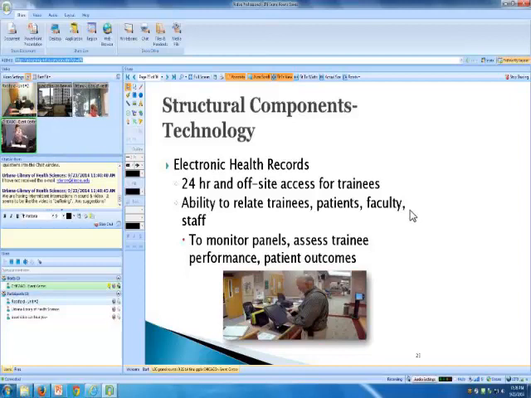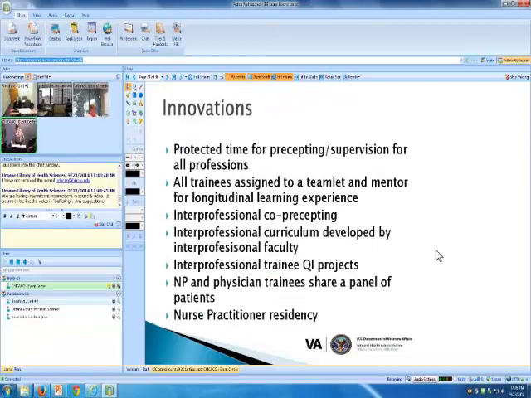Having the trainees have 24-hour and off-site access, and also the ability to say, well, this trainee saw this patient and this is their faculty and this is their staff, to match them up and look at outcomes of these training models. So that has been a bit of a struggle also within our own VA, how we track patients.